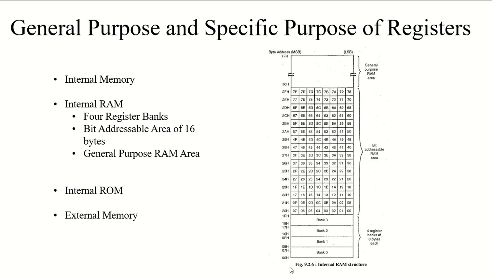See, this started from 0H and went only till 1FH, and then this started from 20H and went till 2FH. Sorry, it is about 4 times smaller than the general purpose RAM area, and this is also about 4 times smaller. The general purpose RAM area is larger because it goes from 30H to 7FH.